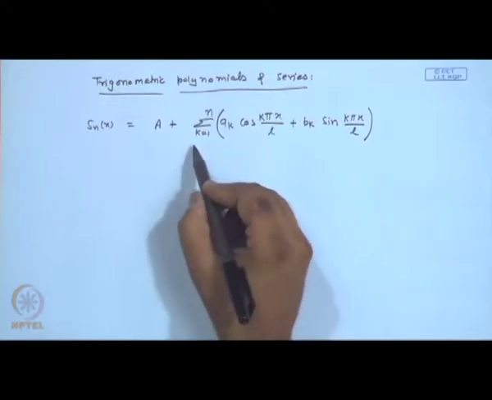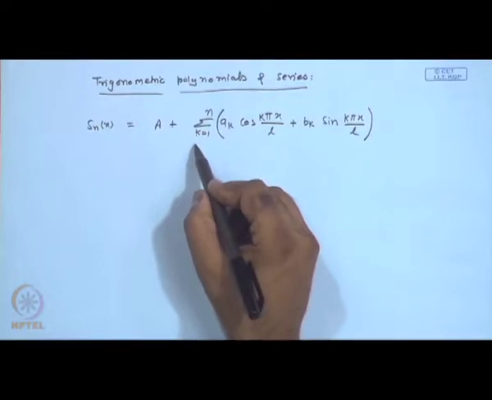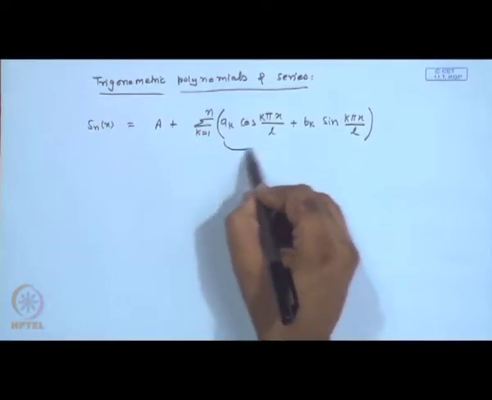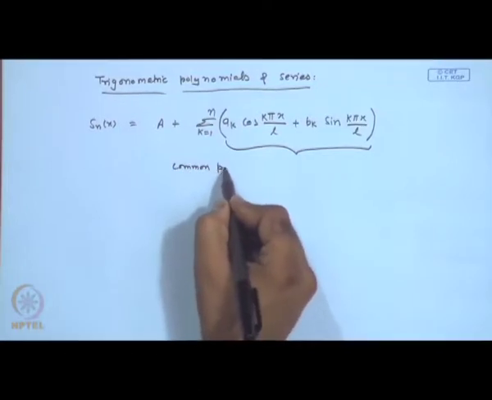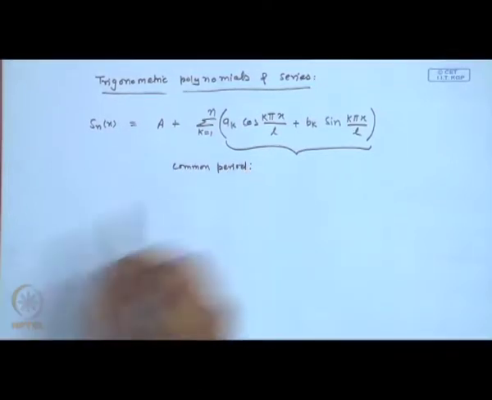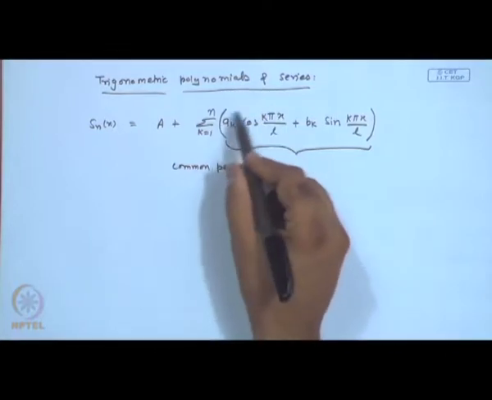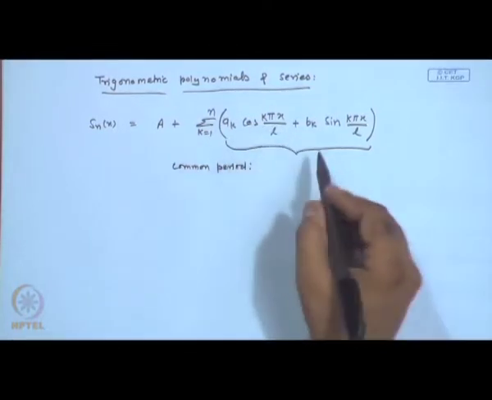So, what is the common period of these functions here? The common period is the largest period, which we get by putting k equal to 1.